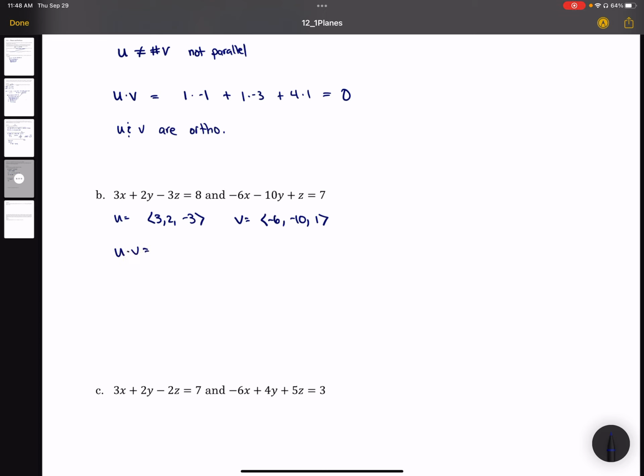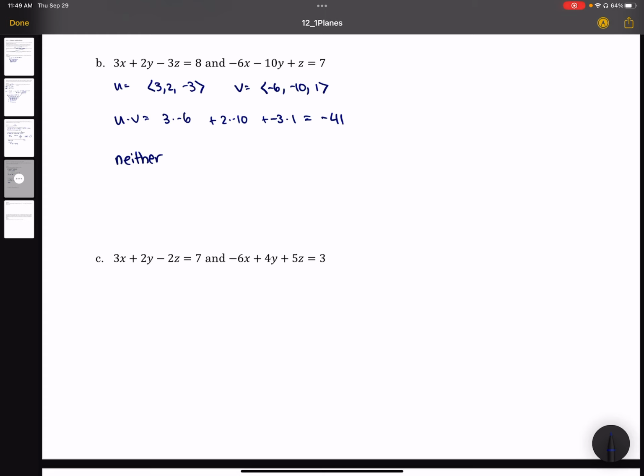U dot V is 3 times -6 plus 2 times -10 plus -3 times 1, which is -18 plus -20 minus 3, which is -41. Check my math: -18 minus 20 is -38, minus 3 is -41. So not orthogonal. So they are neither, which means the planes intersect, probably at a line.